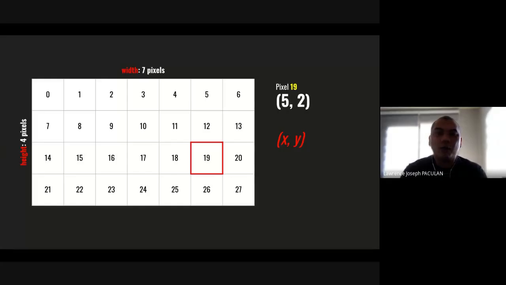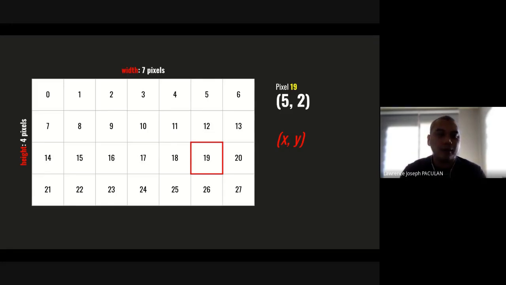We can't possibly, well, we can, but it would take a very long time to process the information for each pixel. So we need some sort of formula that we can use in any programming language.